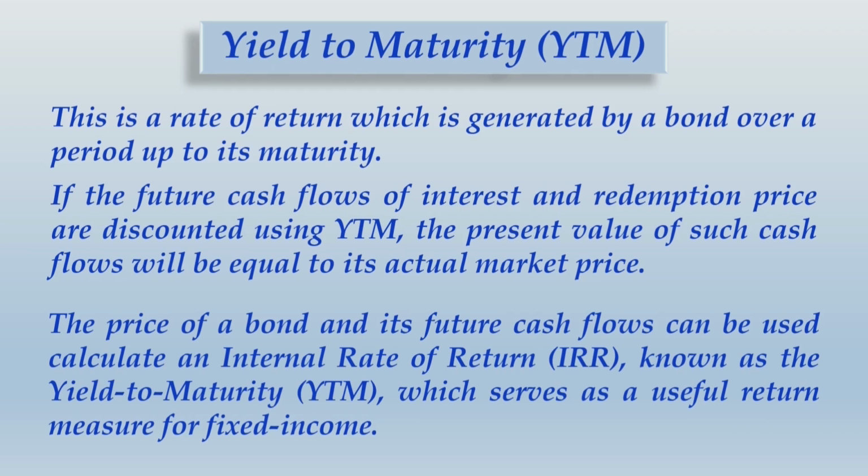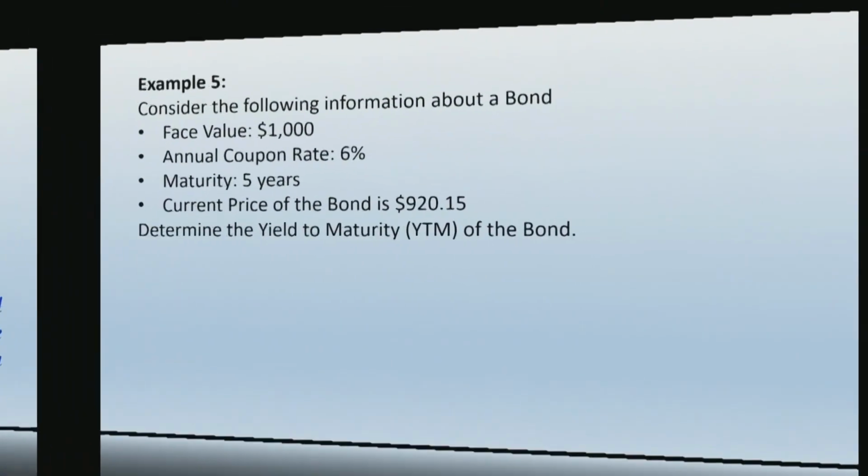The price of a bond and its future cash flows can be used to calculate an internal rate of return, that is IRR, known as the yield to maturity or YTM, which serves as a useful return measure for fixed income. Alright friends, once you have written these notes, let us move ahead and take up another example.